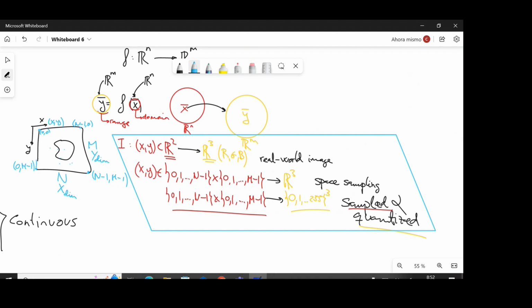This exists in the real world, this exists in the computer, and the three of them exist mathematically. So mathematically, you can work with the three of them.